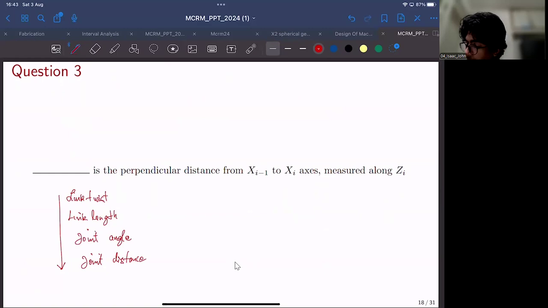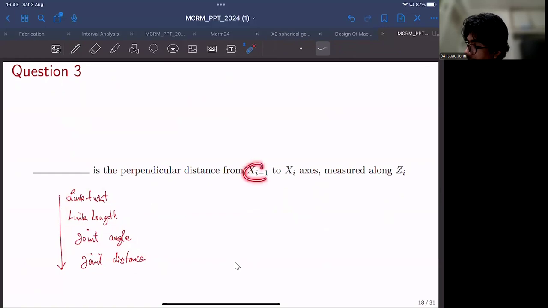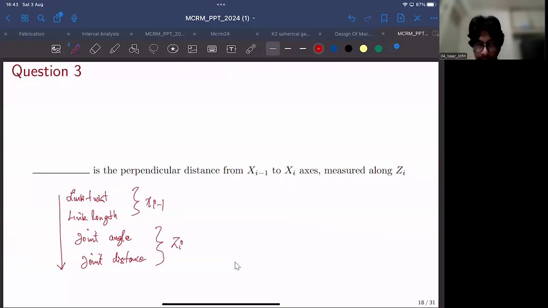Based on the convention, the order of the transformation is: first would be the link twist, the second would be to accommodate link length, the third would be to accommodate the joint angle, and the fourth would be to accommodate the joint distance. And which of them is the correct answer for this specific question? Dash is the perpendicular distance from xi minus 1 to xi measured along zi axis. The first two are always about the xi minus 1 axis, and the last two are always about the zi axis.